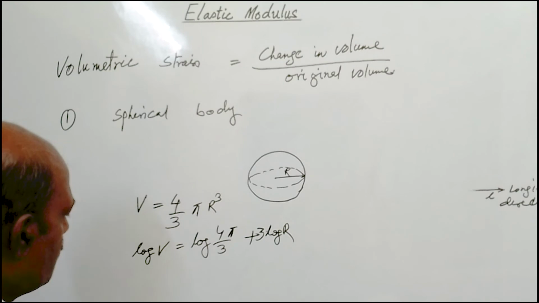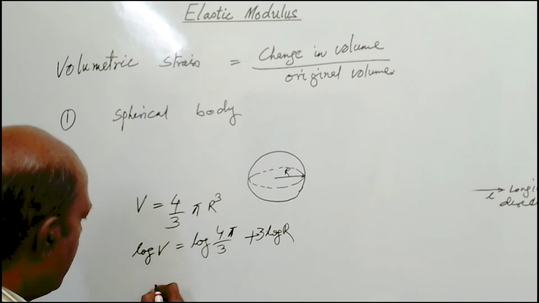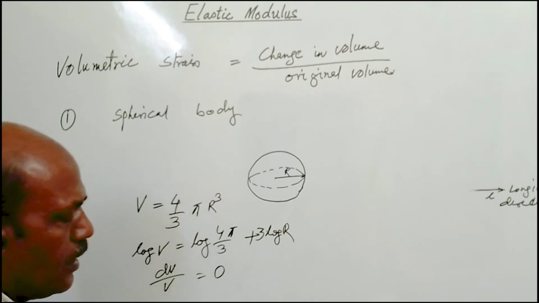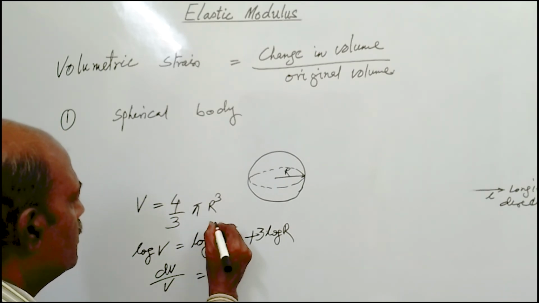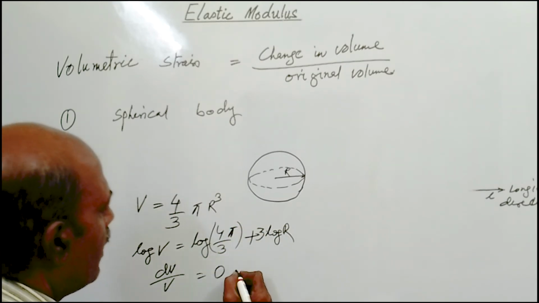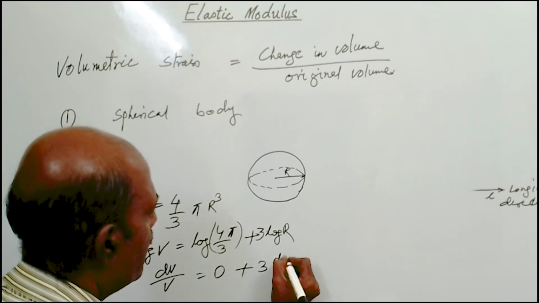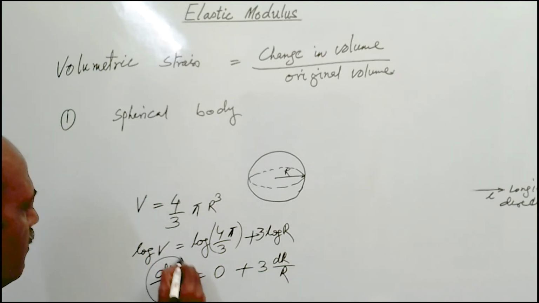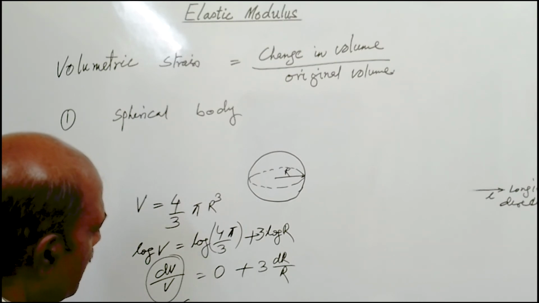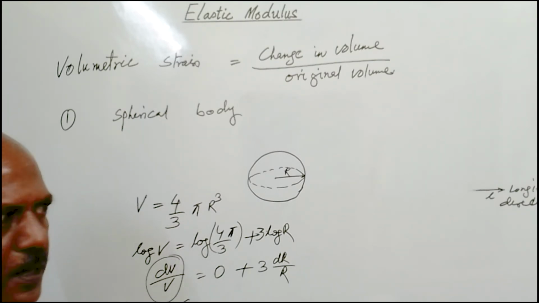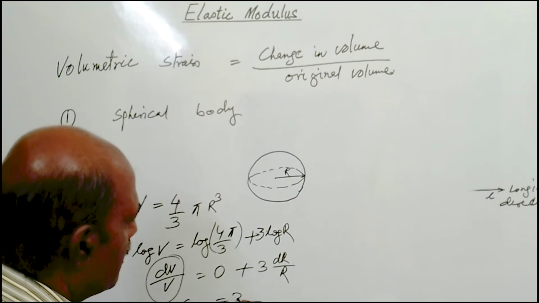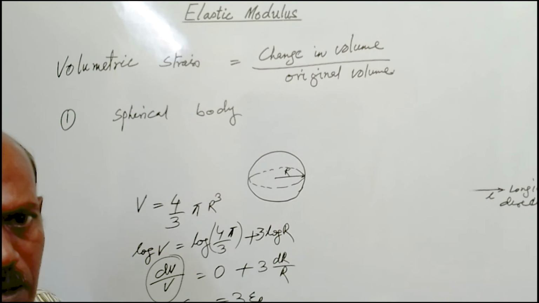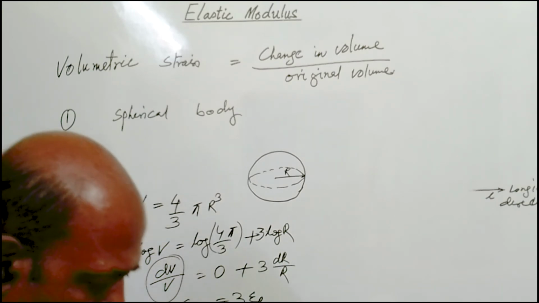Now deriving this formula, we can write dV by V is equal to, this is a constant term, so if we take log of this term, it will give 0 plus 3 into dr by r. Now what is dV by V? It is epsilon V, that is volumetric strain produced in a spherical body, is given by 3 into epsilon r, that is radial strain. Okay.